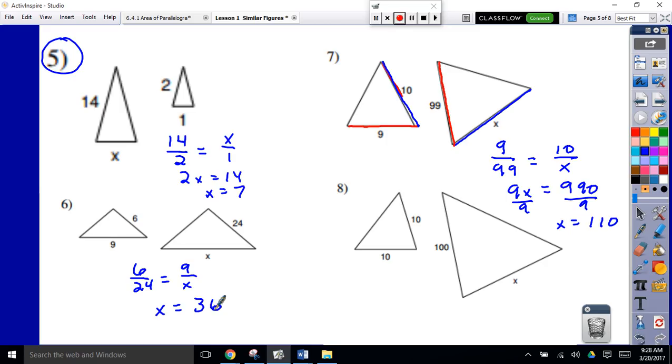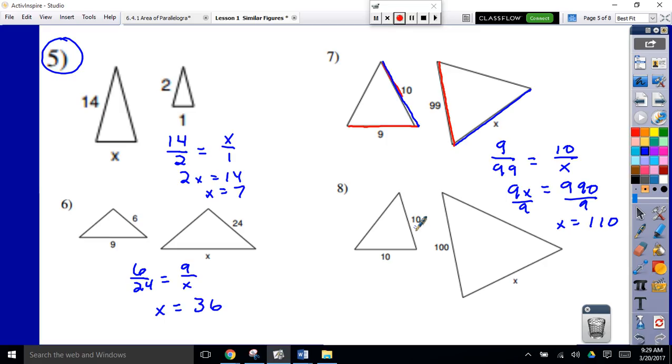Some people had an answer of 6. Some people had an answer of 2.5. My guess is that you maybe set up your proportion incorrectly on that. How do you know if it's 6 or 9 that goes on the top or bottom? Austin, let's try that again. How do you ask a question? Austin, go ahead with your question. How do you know if it's 6 or 9 that goes on top?